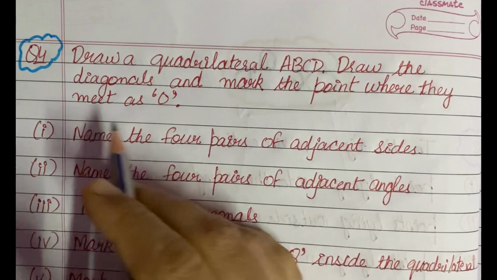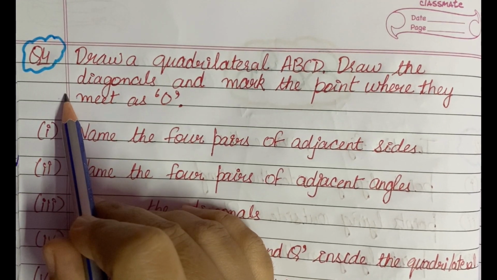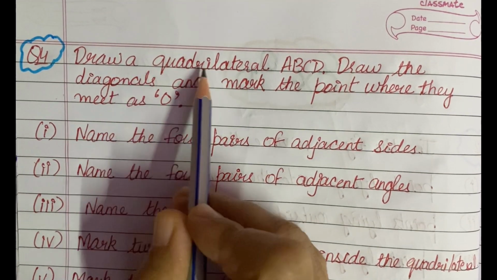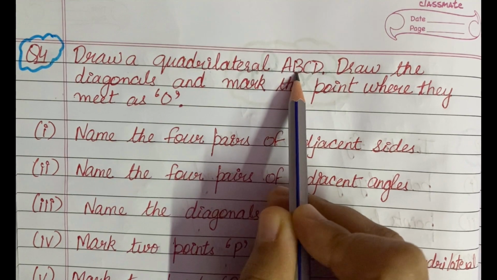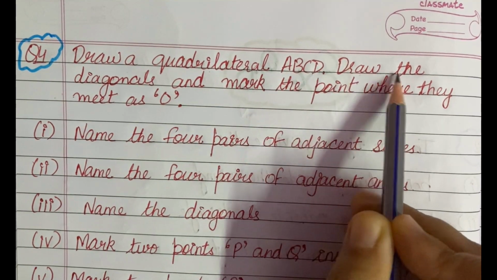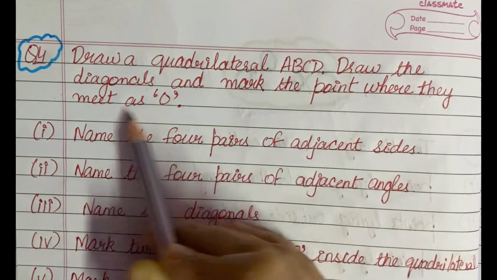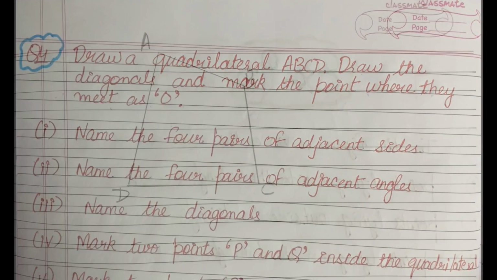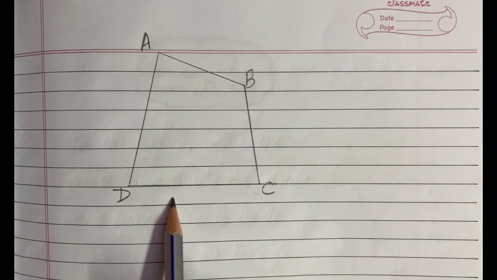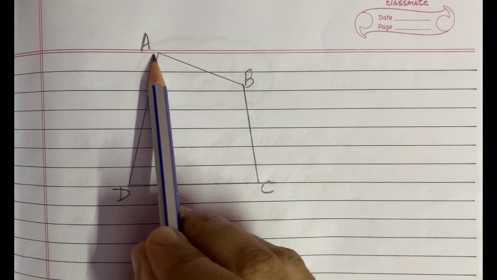Next is question number 4, and question number 4 says that draw a quadrilateral ABCD, draw the diagonals and mark the point where they meet as O. Now students, I have already drawn a quadrilateral ABCD.